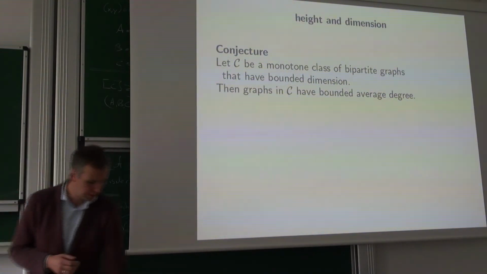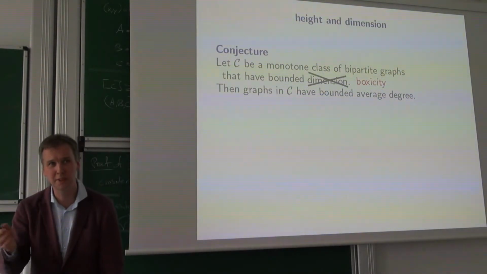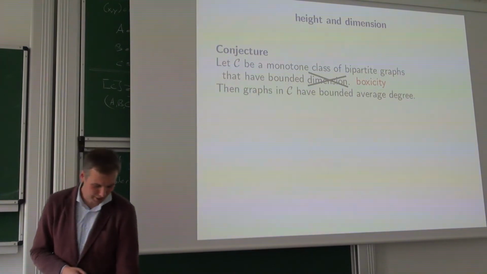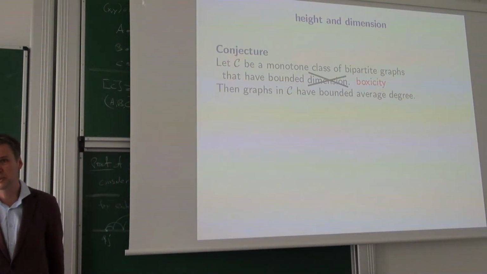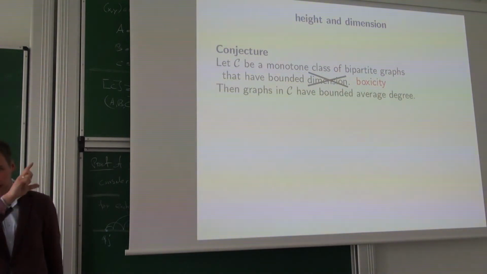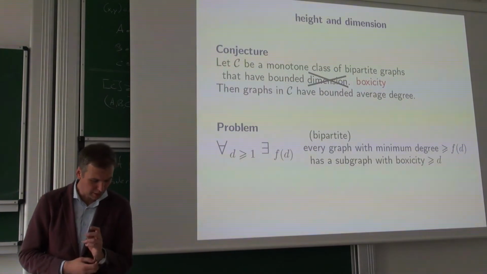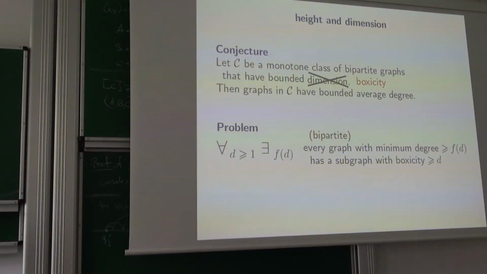There is a way to restate it. Instead of dimension, you can take boxicity. This is the way we solve this problem when we are in the graph theory meetings. It's within a multiplicative two-factor, boxicity and dimension in the height 2 case. So it's really the same question. And the problem that was posed at a number of workshops already by now is more or less a contraposition of the conjecture.